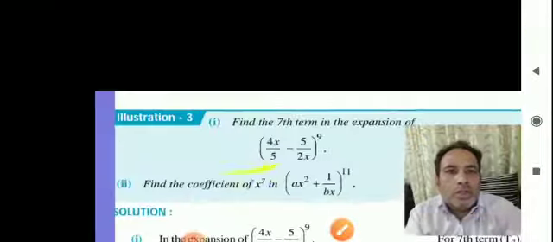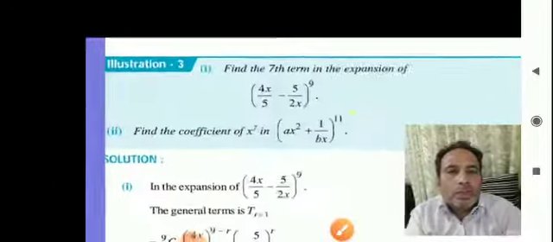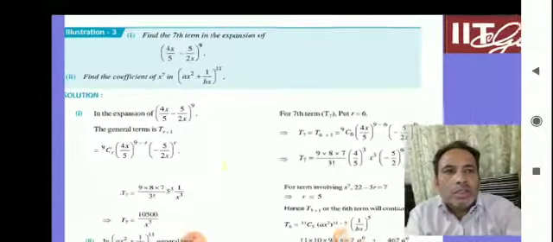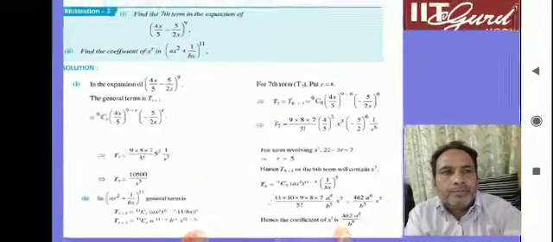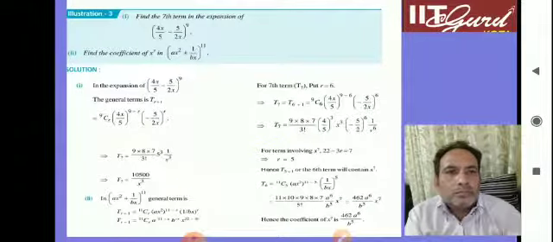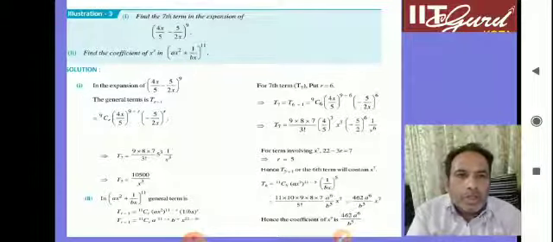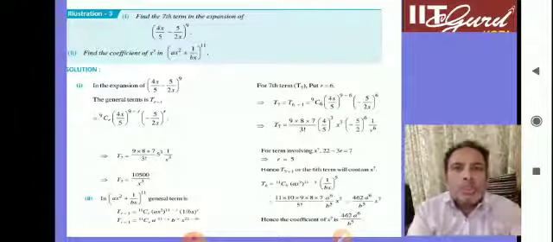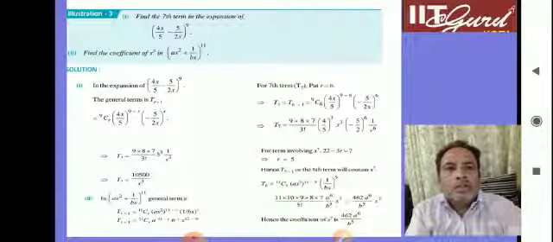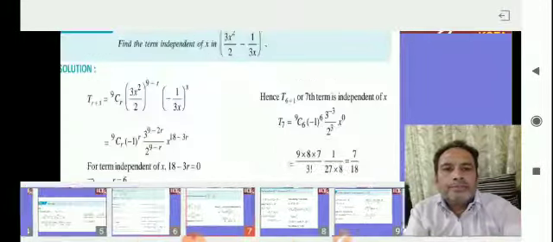Similarly, you can solve this one also, find the coefficient of this one. It's another question. You can see the solution is also over here. Fine. You can pause the video and see the solutions. The second question also is solved like this one.